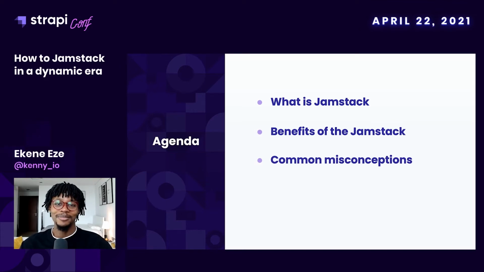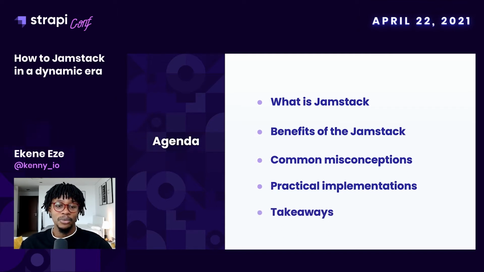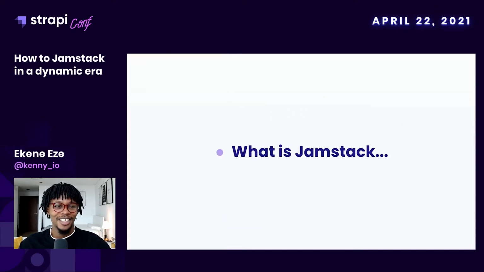Of course, there are some. Then, after that, we'll walk through a practical implementation of a JAMstack application with dynamic functionalities that should help show you how much you can do on the JAMstack. And finally, we'll take a look at some thoughtful takeaways that I have prepared for you in this session. And that's it. Let's get started.